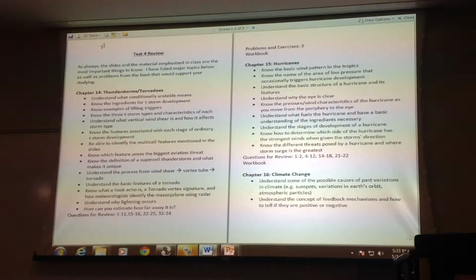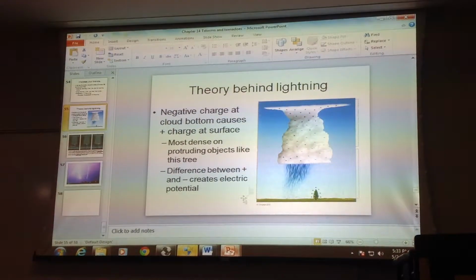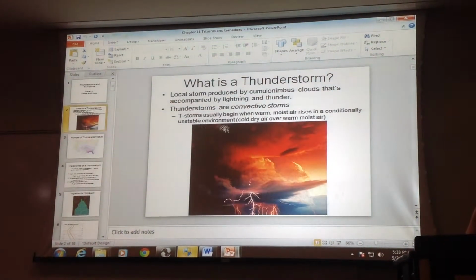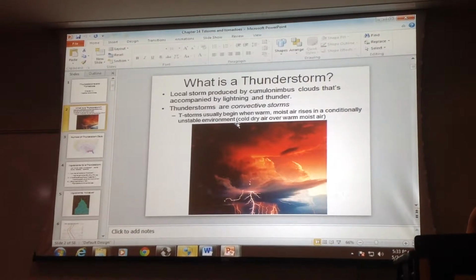For thunderstorms and tornadoes, chapter 14, understand, first of all, what conditionally unstable means. That's when I was describing what kind of environment you need to have for thunderstorm development, a conditionally unstable environment. So that's when you have cold, dry air over warm, moist air.